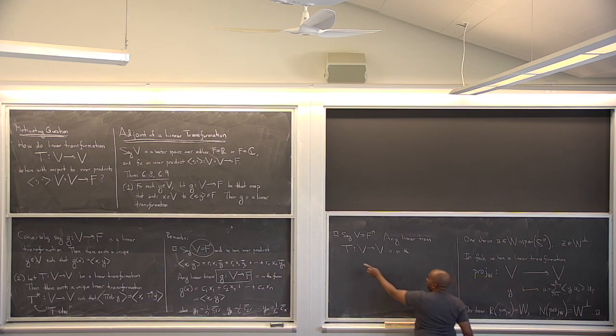Any linear transformation from V to V is in the following form. So T here, of course, has to take some vector x1 through xn. And now notice that we're going to have a matrix.